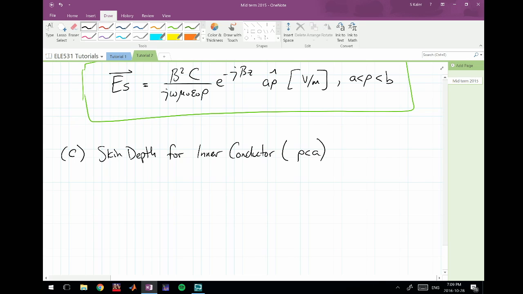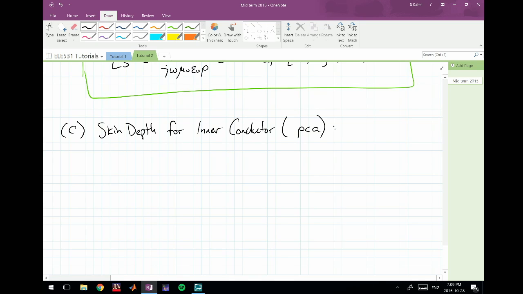So the skin depth for the inner conductor. Can anybody tell me what the skin depth for the inner conductor would be? I can read the question to you again because it's given to you in the question. You don't really have to do anything.